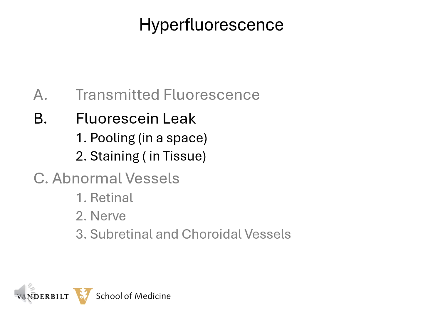We'll talk about abnormal vessels in the next session. In this session, we'll concentrate on leakage caused by breakdown of the tight junctions that are normally there. Now these tight junctions can either be in the pigment epithelium or in the retinal vessels themselves.